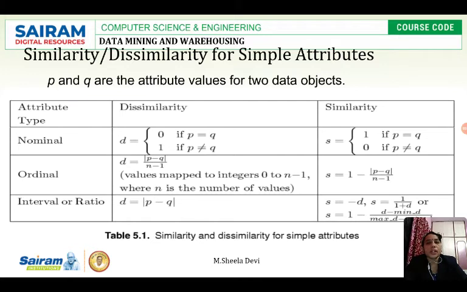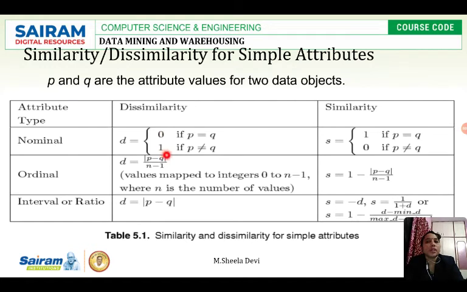D equals 0 when P is equal to Q. Here P and Q are the attribute values. If the value of P is 1 and Q is also 1, then P is equal to Q, so they are not different. So D is 0.